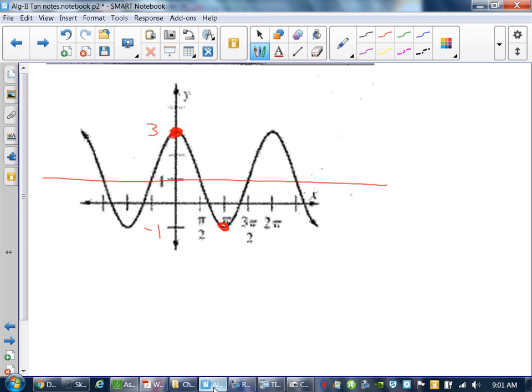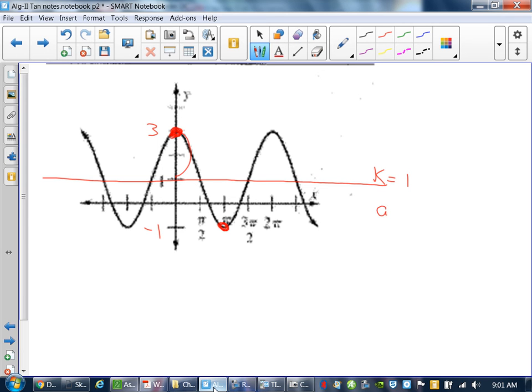If my halfway point is at 1, then that's my k. This value, what is it? It's a. How far is it from 1 to 3? 2.